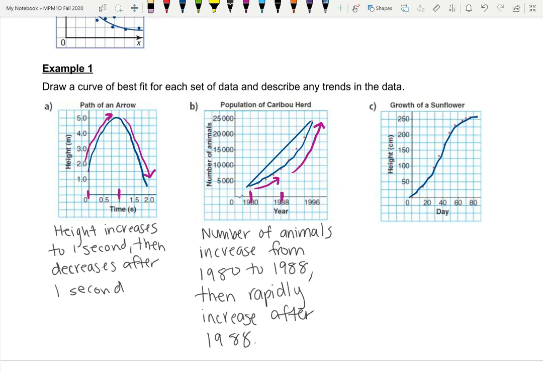So they would have the same slope from 1980 to 1996. However, this curve tells us that the slope is continuing to change from year to year. So from 1980 to 1988, it is increasing, but it's increasing at a faster rate beyond 1988. And that's why you get this steeper slope than prior to 1988.